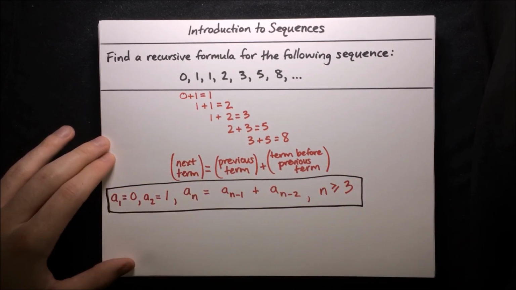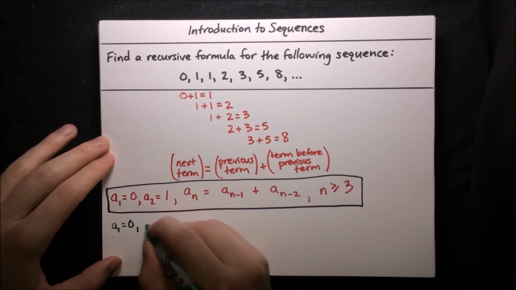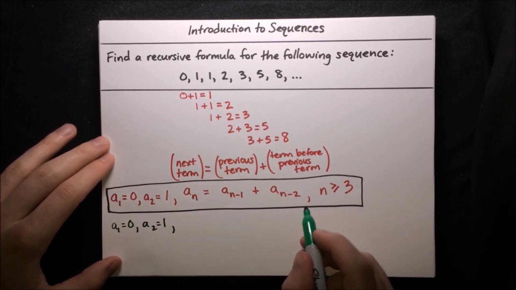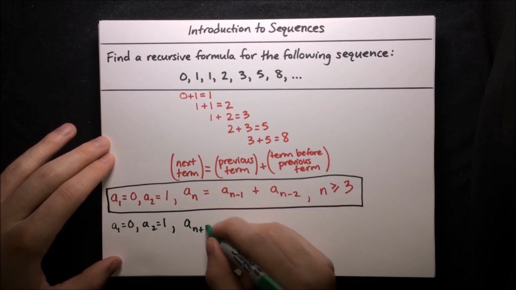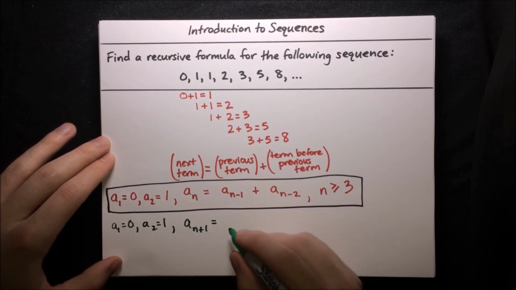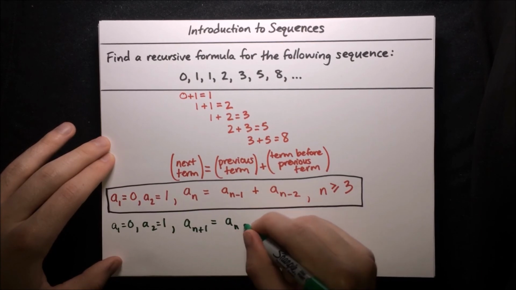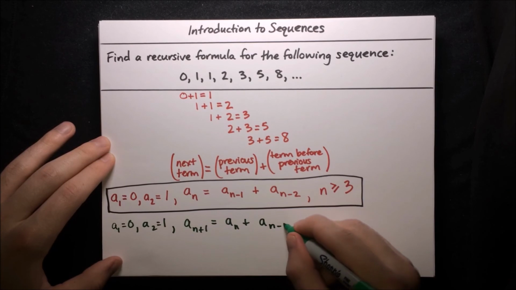Now note that although this is a perfectly valid answer, there are also other perfectly valid answers as well. We could have just as easily said a_1 equals 0, a_2 equals 1, and then changed up this recursive rule a little bit. Maybe say a_(n+1) is equal to the previous term, which would then be a_n, plus the term before that, which would be a_(n-1).